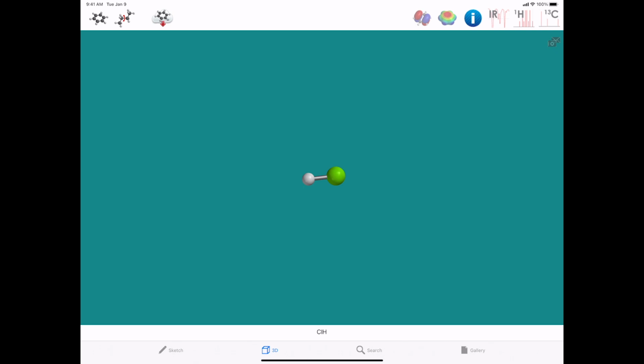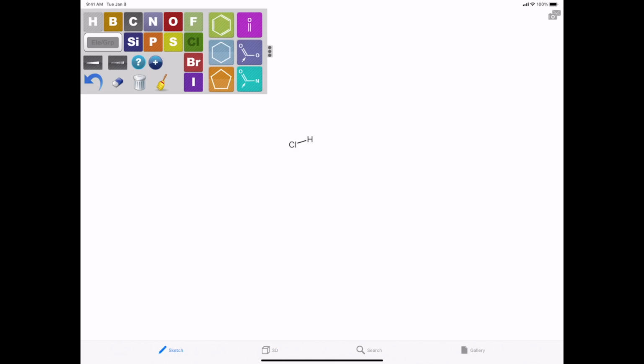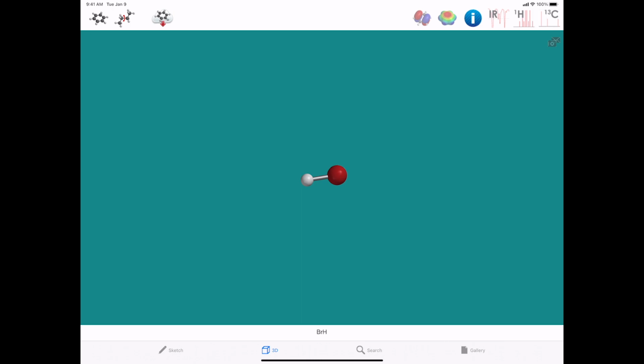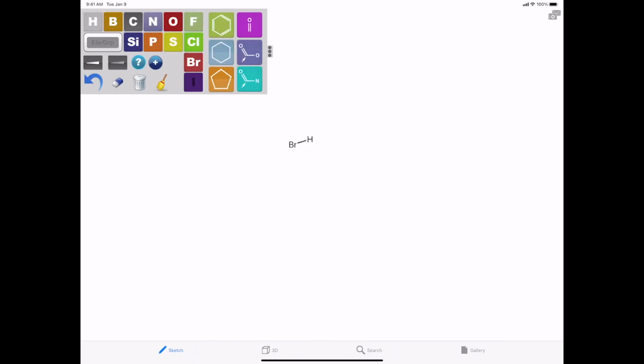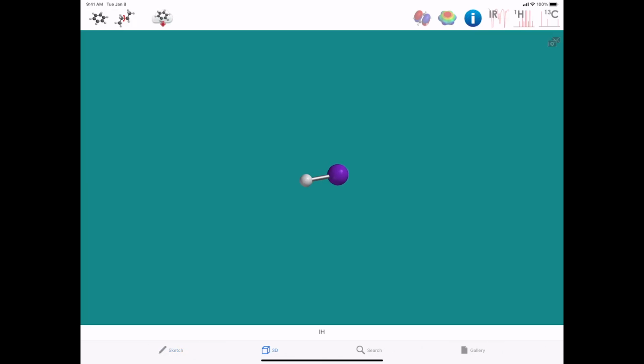Notice the bond is a little longer and Cl is a little bigger. We go to Br minus. The bond is even longer because Br minus is bigger. And then we go to iodide and the bond is quite long. So we're going to see it tracks with bond strength, but it doesn't track with electronegativity.